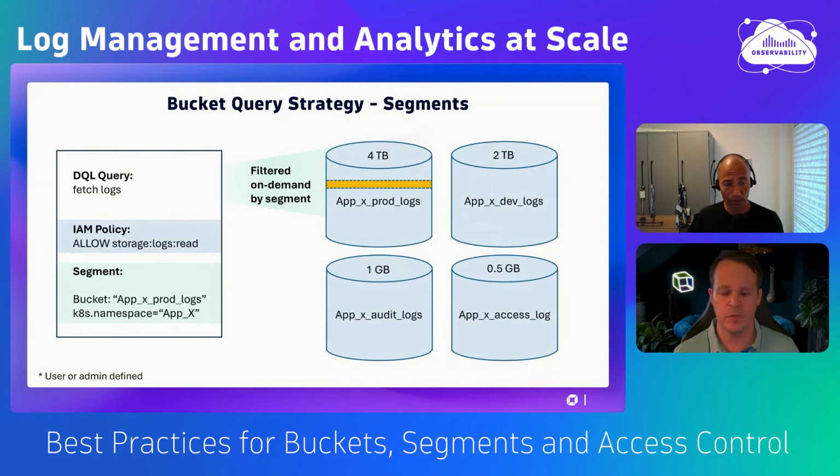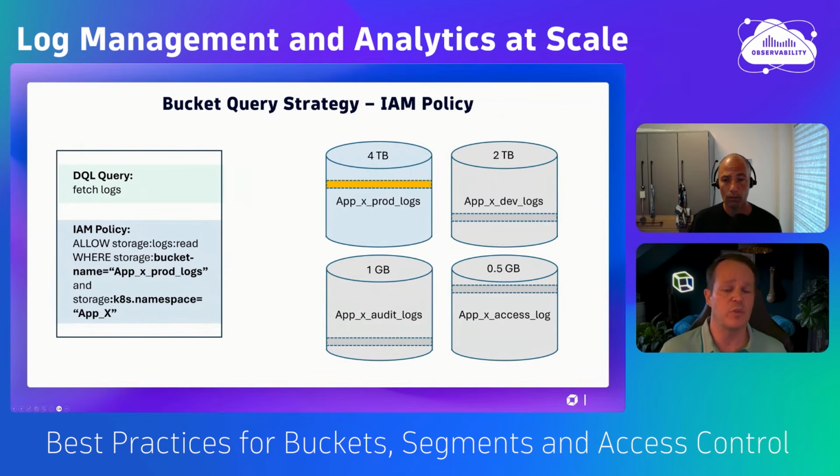How does this work? Yeah, so there are different options for how you can optimize the cost, and it's not just cost, it's also query performance, because you don't need to touch and scan as many buckets. One is definitely to filter down the view and the available access to buckets based on what you're looking for. We earlier discussed you can limit it by segment.